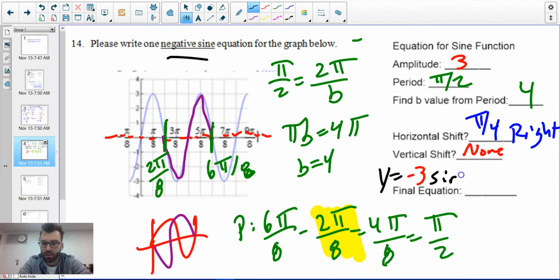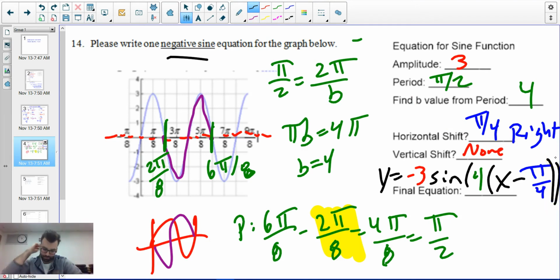Sine, B value is 4, and pi over 4, so it's going to be x minus pi over 4. And there is not a vertical shift, so close it up. Just leave it like that.